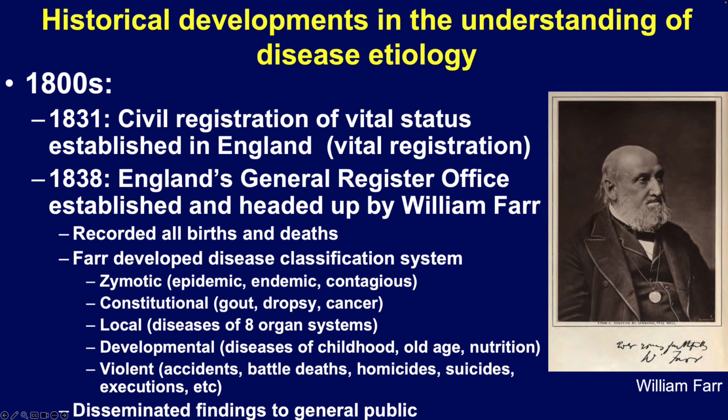And there were other groupings like different organ systems, developmental diseases, and violent deaths. Farr's office would gather and tabulate information on births and deaths like Petty and Grant did, and then, importantly, they would disseminate the findings of these tabulations to the general public on a regular basis.